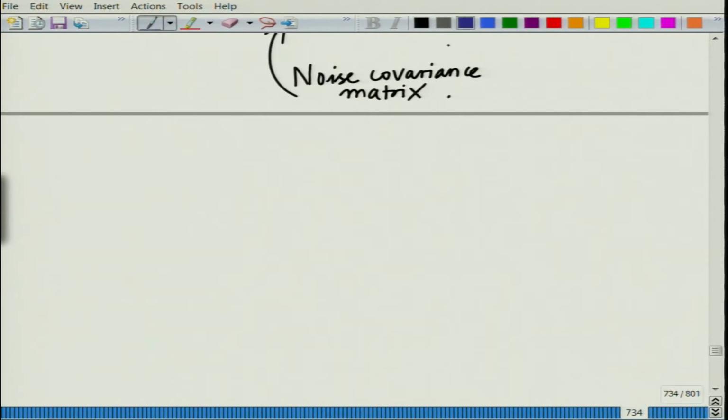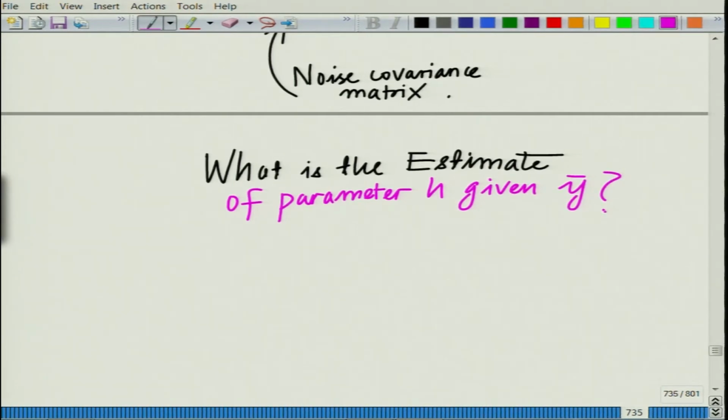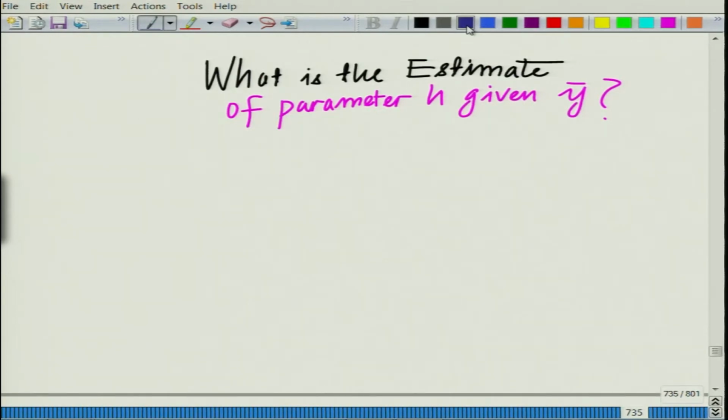Now, we want to ask the question, what is the estimate of the parameter, or how can you learn the parameter h given the observation vector y bar? What is the estimate of the parameter h given y bar?